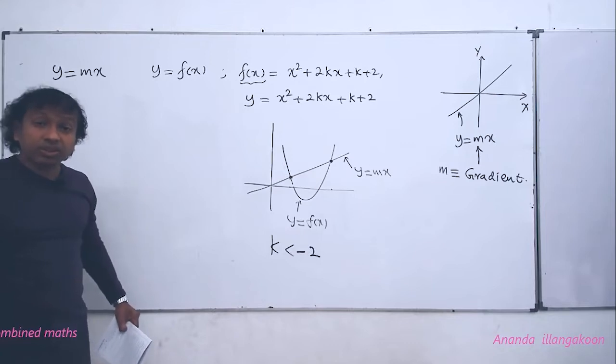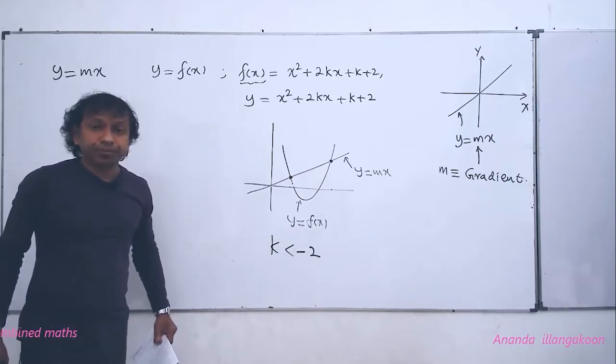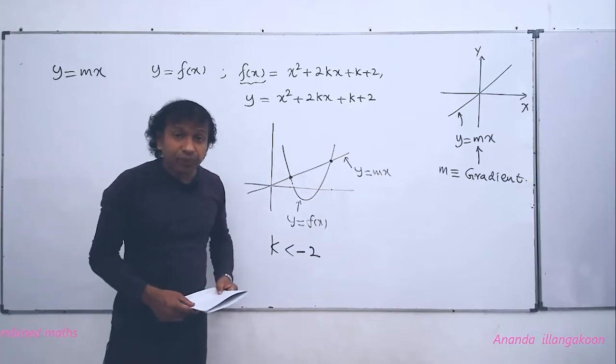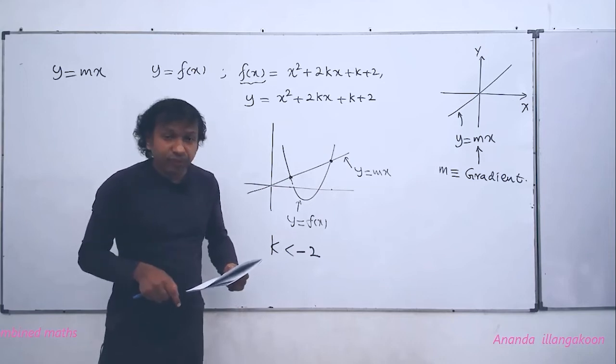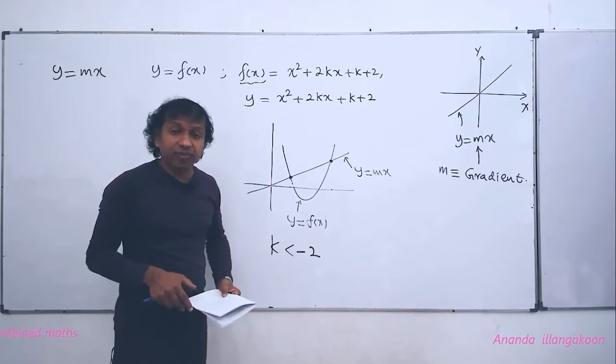And that is not just a proof, it is an if and only if proof. What do you mean by that, people? We are given if and only if, no, for all finite values of m, if and only if k less than -2.